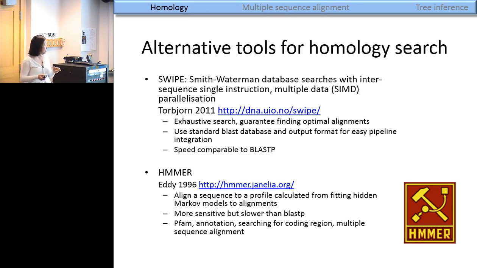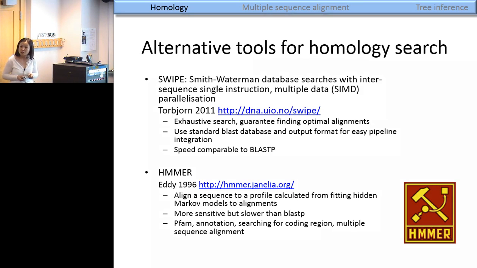And it's also nice because the input of SWIPE is your standard BLAST database. And for the output, you can use several of the standard BLAST output formats. So it's really easy to insert SWIPE into your existing pipeline.